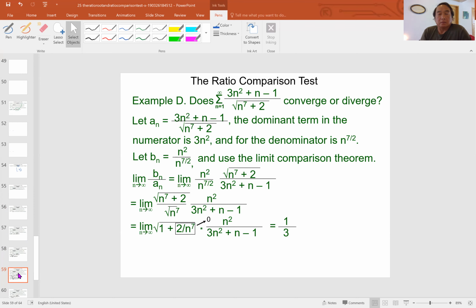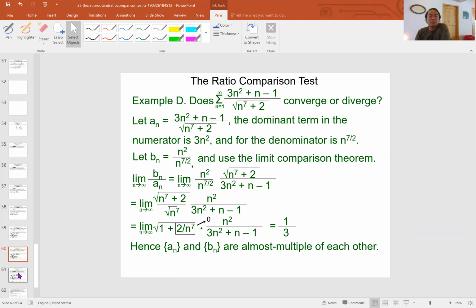So the limit is a positive number. Therefore, one is a multiple of the other. In other words, b_n basically is 1/3 of 8 times a_n in the long run. And so the series a_n and b_n converge or diverge together, but it's a lot easier to sum b_n.